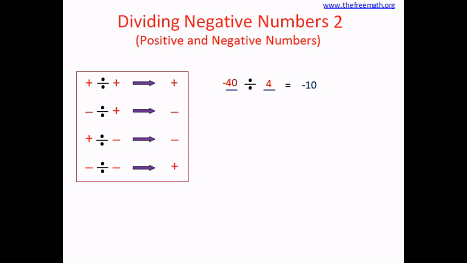That works as well. Negative 40 divided by 4 will be negative 10. Or 40 divided by negative 4. This will also do. Can you think of one more pair? Negative 100 divided by 10 or 100 divided by negative 10.